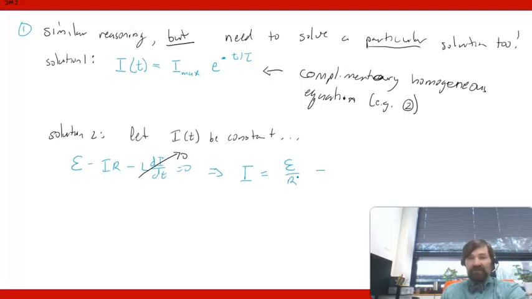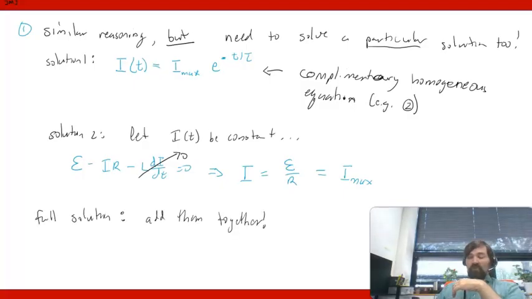And as it turns out, that also happens to be the maximum value of I that's consistent with the other two equations. So to get the full solution, you basically just add these two with an appropriate constant. And that appropriate constant is that this actually is negative.